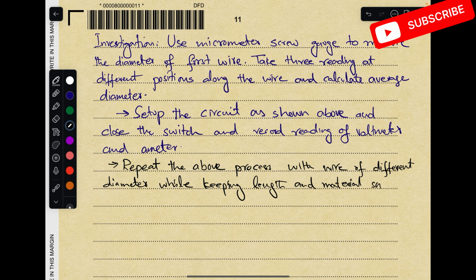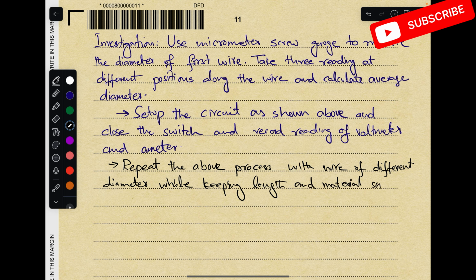Okay, so let's go back to what they're asking. The fourth part, you have to draw the table now. First, you have to write down, do this for at least 6 wires. Now you have to draw the table.